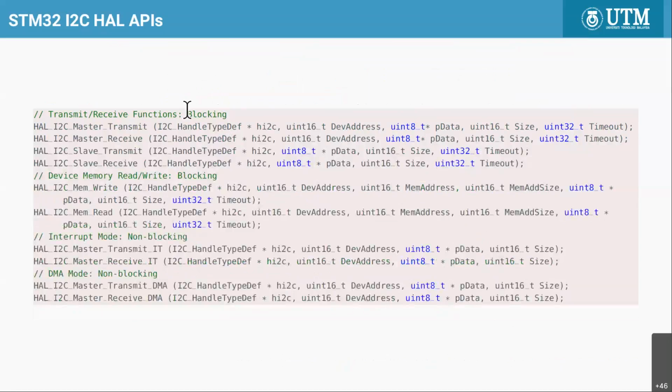When you want to use I2C, there are not that many functions. You have to know which one. If you want to transmit or receive, there are 4 HAL functions. The first one is HAL I2C master transmit, and then we have HAL I2C master receive. We use these 2 if the microcontroller is acting as a master.